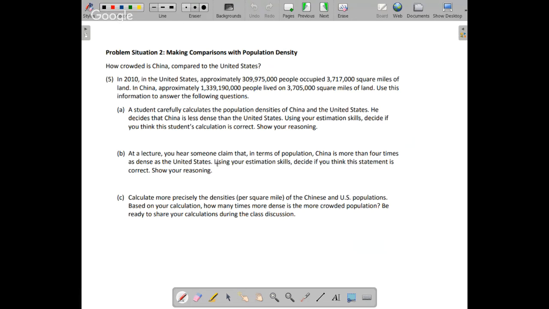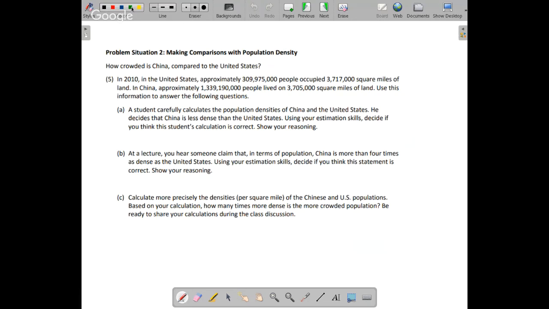Hey, that might be reasonable, right? We could calculate these densities to double check. So here I think statement A is incorrect. China is more dense, not less dense. And I think statement B is correct. I'm betting it is about 4 times more dense because China has about 4 times more people.